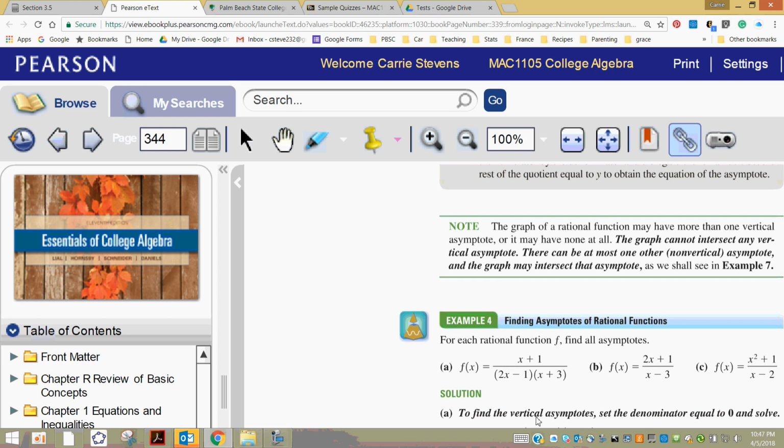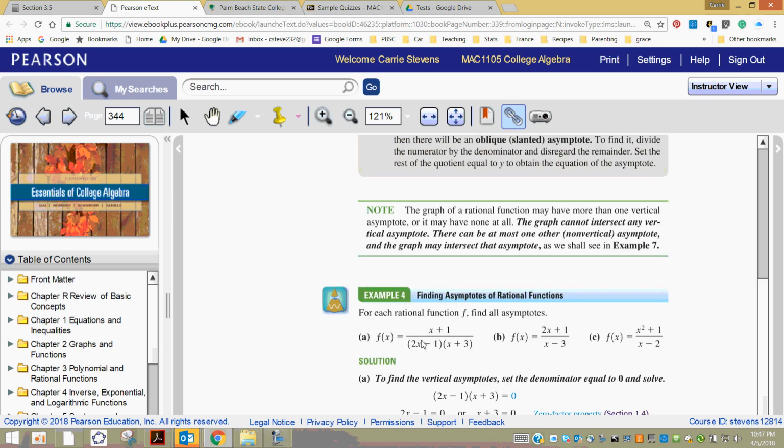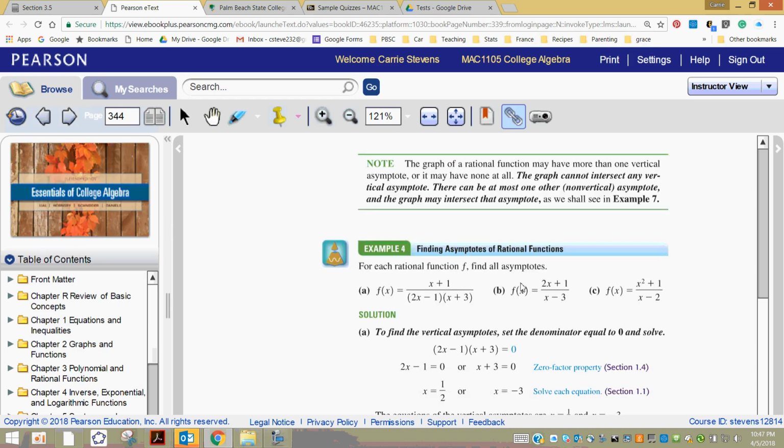So example 4 here, let me zoom out a little bit. For each rational function f, find all asymptotes. So part A has a degree 1 in the top, and then if you were to FOIL this out, you would have 2x squared as the lead coefficient.